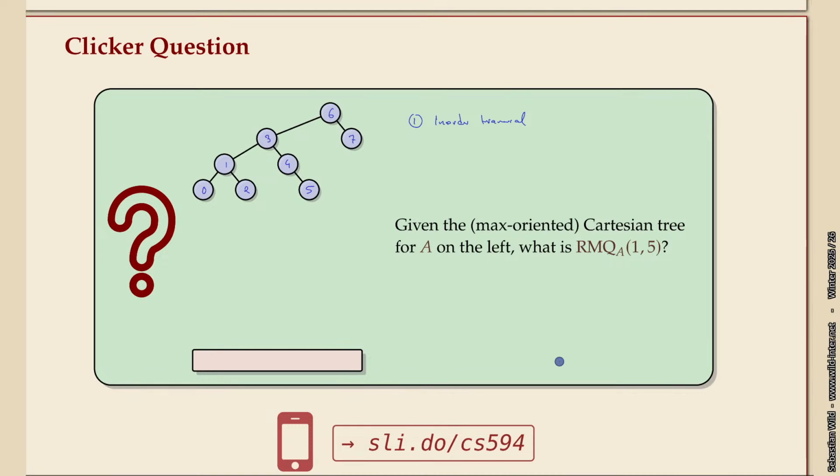Okay, so we can identify the two nodes we're talking about, 1 and 5. In this chapter, I made the endpoints inclusive for no good reason other than lack of interest to change the pictures. So where's the range max? What do we have to do for these two?